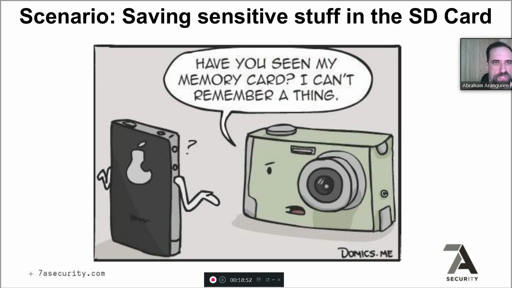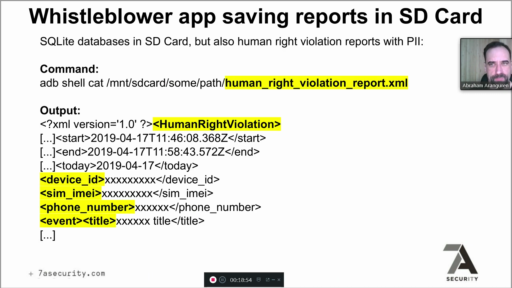So let's get started, right? So some example of saving sensitive stuff on the SD card. This was a whistleblower application. So in a country where basically the government is against the population, some human rights activists developed this app to help citizens to report human rights violations to some NGO.